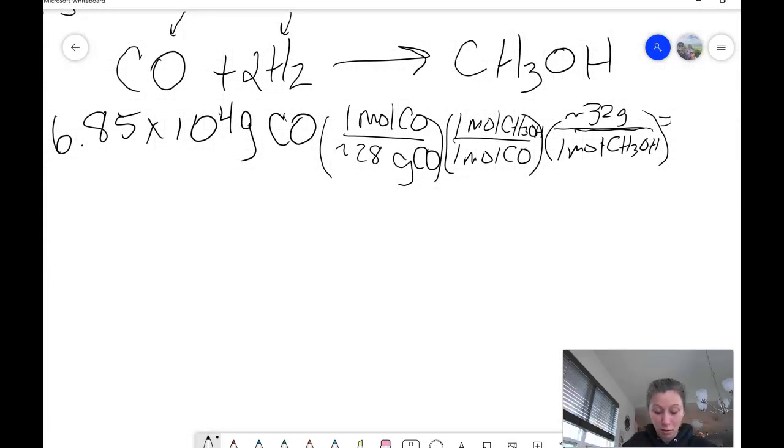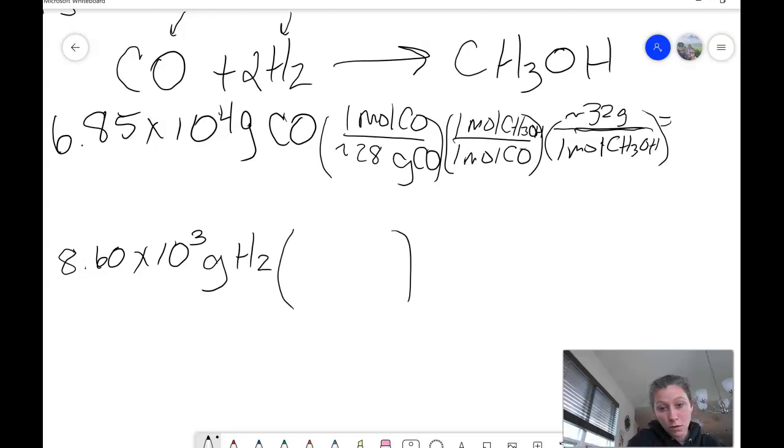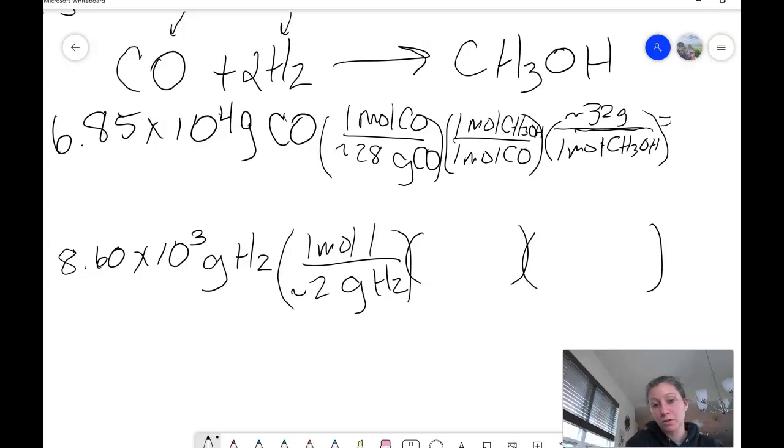And then we can solve for how much methanol the hydrogen produces. So about 2 grams of hydrogen, because each one is roughly 1. I'm just estimating to make life a little easier. For every 2 moles of hydrogen, notice I'm still in the hydrogen mode, I form 1 mole of methanol.